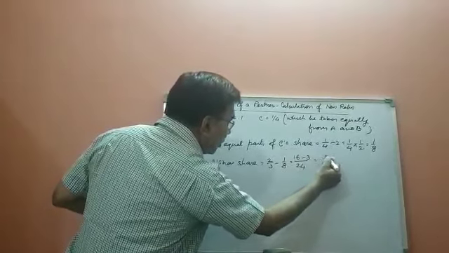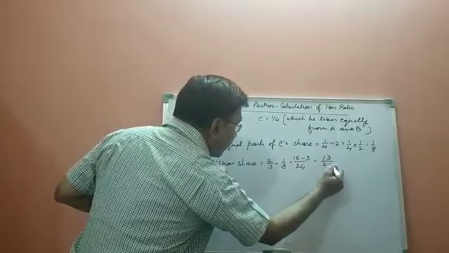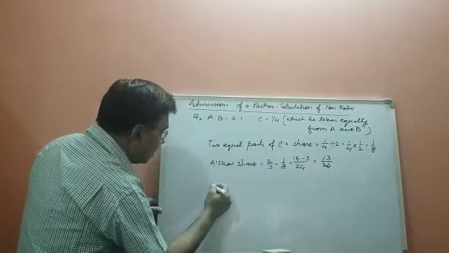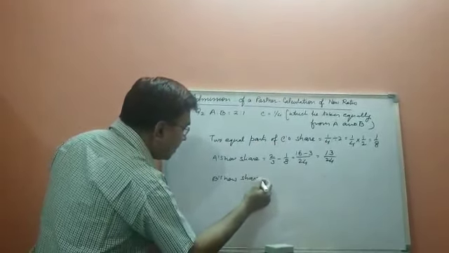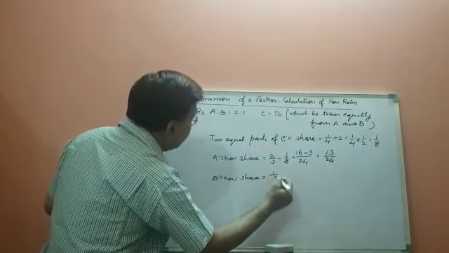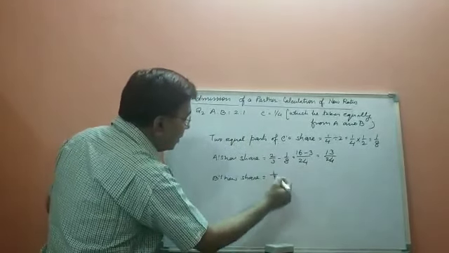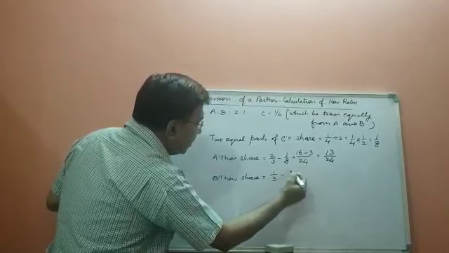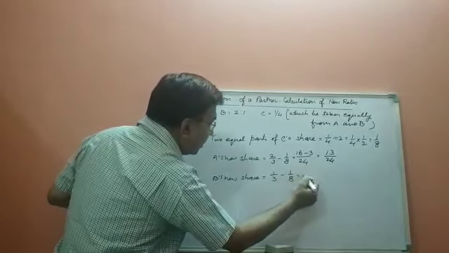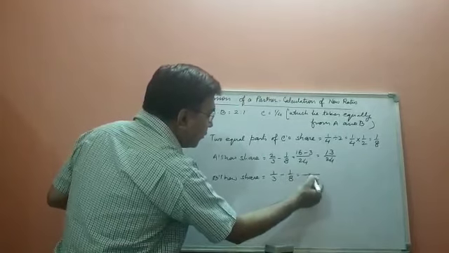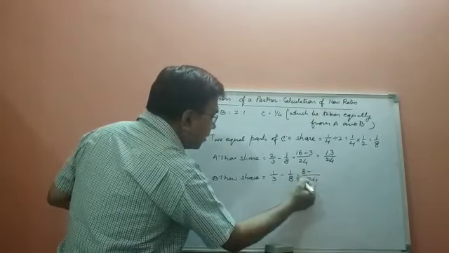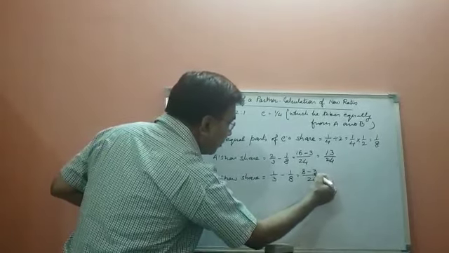And this is 3 only. 13/24. Now B's new share is equal to B's share was earlier 1/3 minus 1/8. LCM is 24. 3 8s are 24. It will be 8 minus 3, it will be 5.